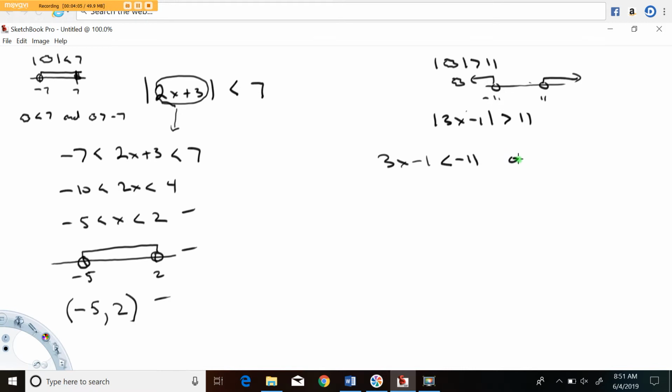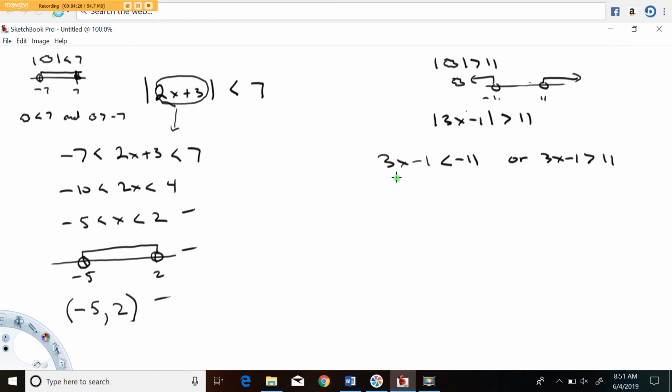The other possibility, so I'm going to put or here, is that the 3x minus 1 could be in this part of the solution region here. In other words, greater than 11. So when you have inequalities that are greater than, you get two possible sets of solutions here. Either one yields viable solutions.